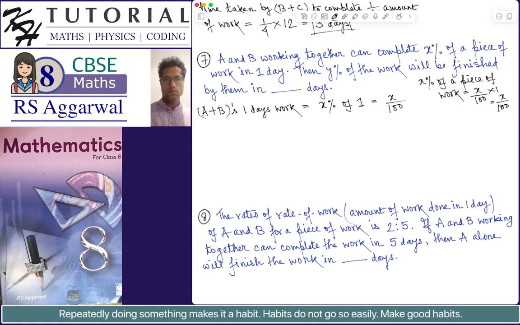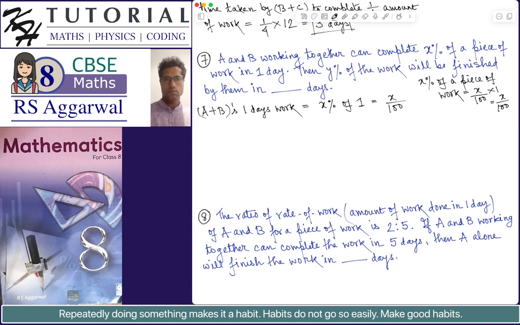Similarly, Y percent of the work will be Y by 100. Now we have to find in how many days Y by 100 amount of work will be completed by A plus B, from the fact that A plus B's 1 day's work is X by 100.